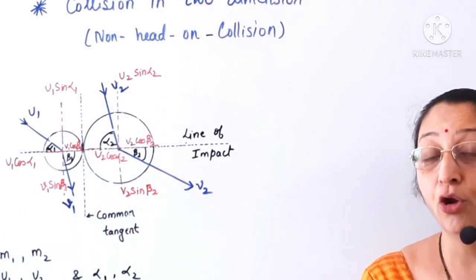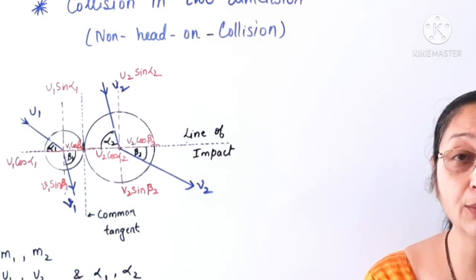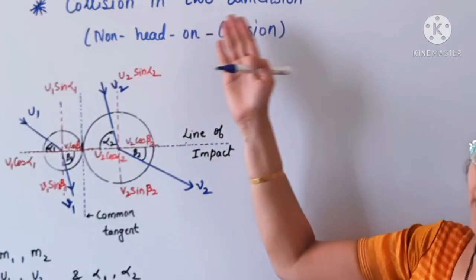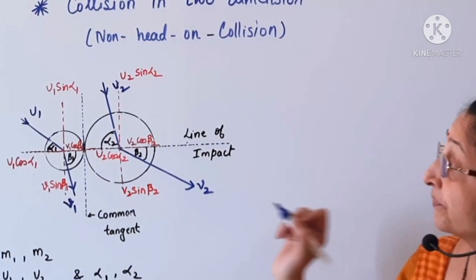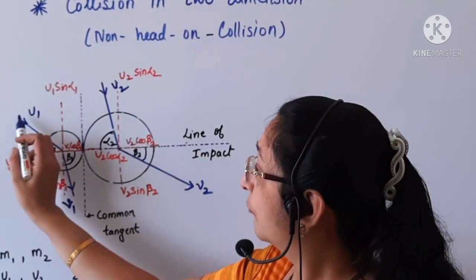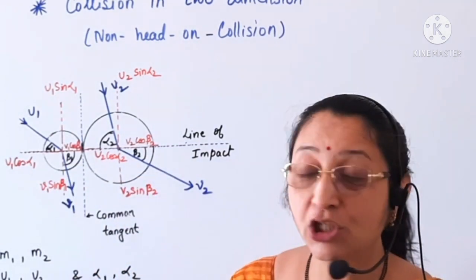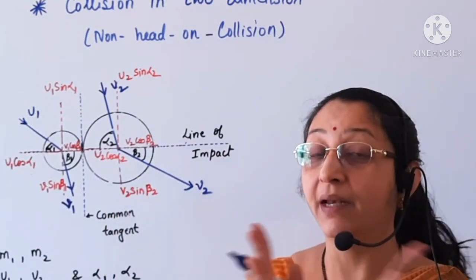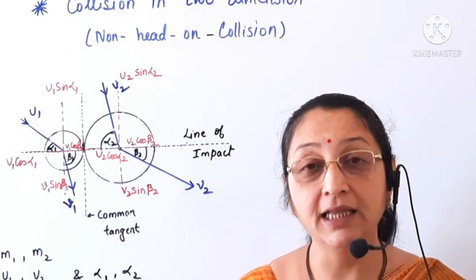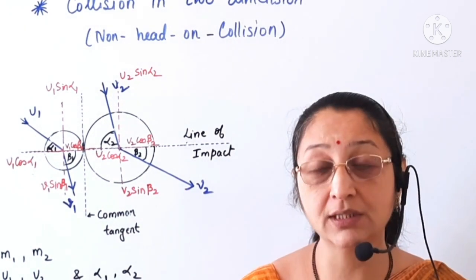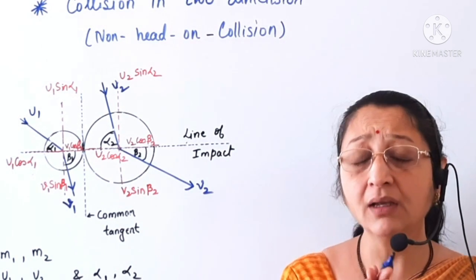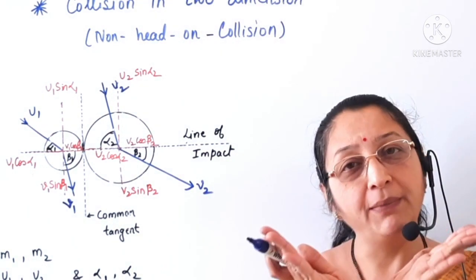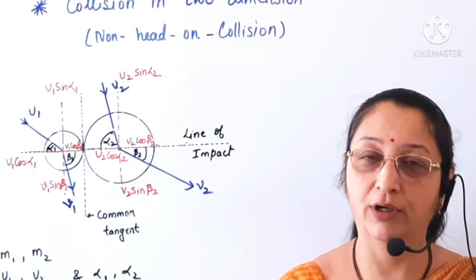To apply the law of conservation of linear momentum to this two-dimensional or non-head-on collision, we separate the initial velocity u1, according to what we have studied in the chapter on scalars and vectors, or the mathematical methods. We know that any vector can be separated into two perpendicular components.